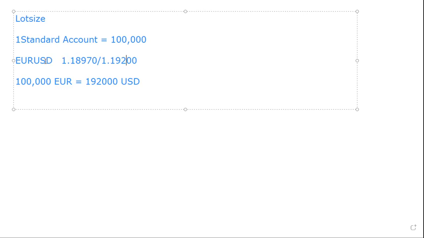If you will be entering a sell order, you will be selling at the lowest price. Now it will mean for every 100,000 units of euros, you will be getting 118,970 dollars if you are selling.